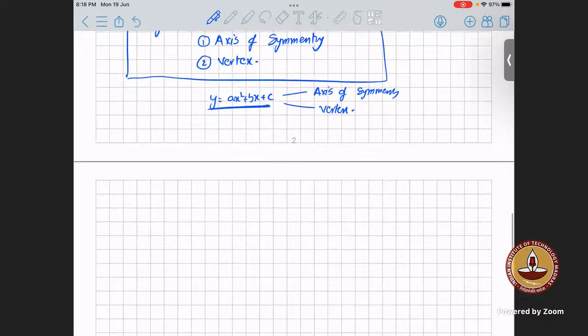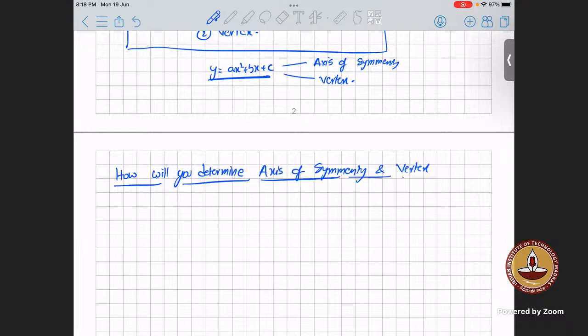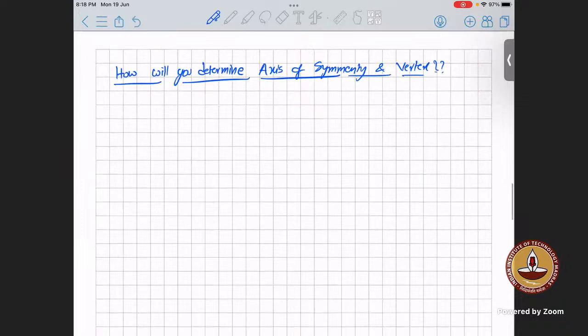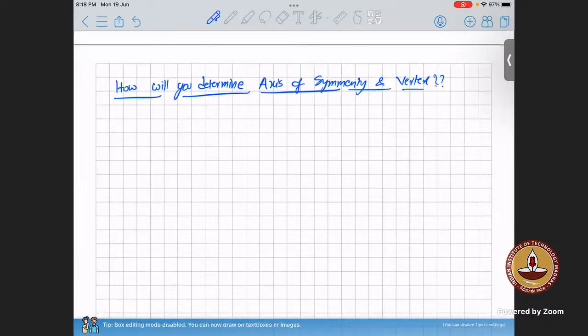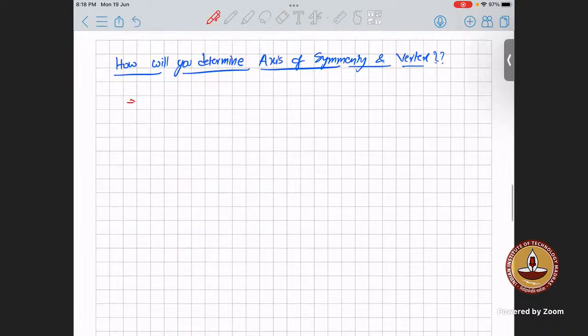Now, how will you determine the axis of symmetry and vertex? This is the question. It is minus b by 2a. That is the axis of symmetry.